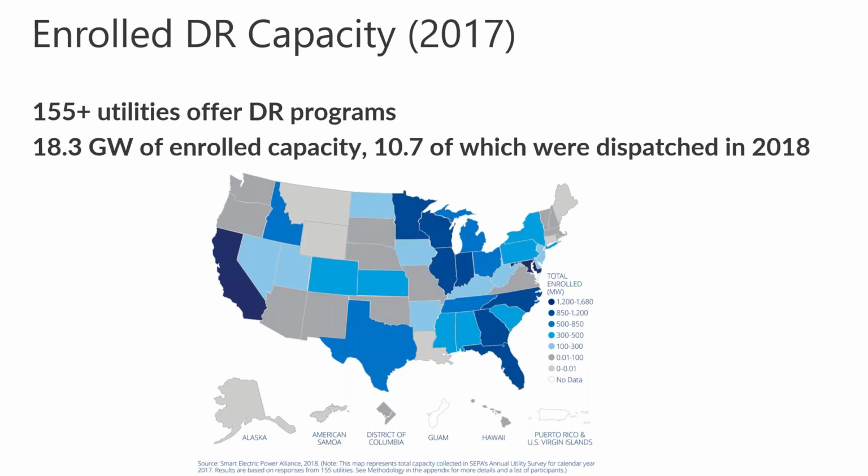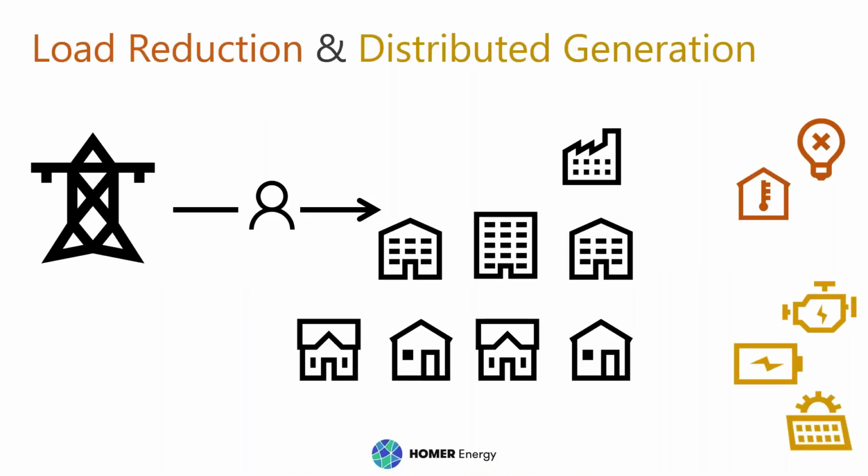Most C&I facilities who partake in DR programs actually do choose to alter their load. They can reduce their load during the demand response event, or they can dispatch on-site generation. In this way, HOMER can consider these 2 options.